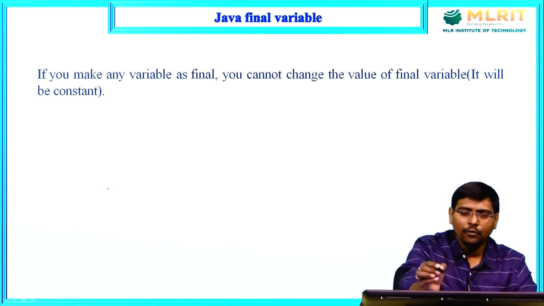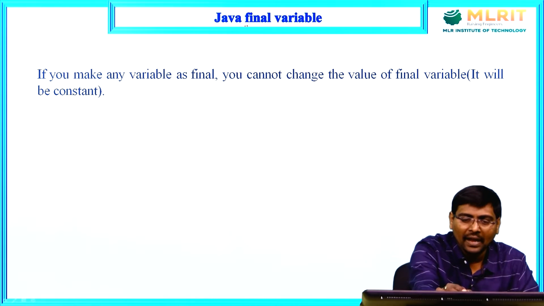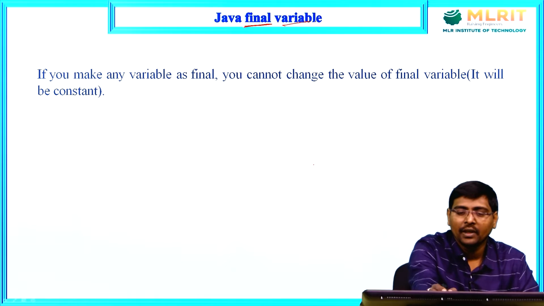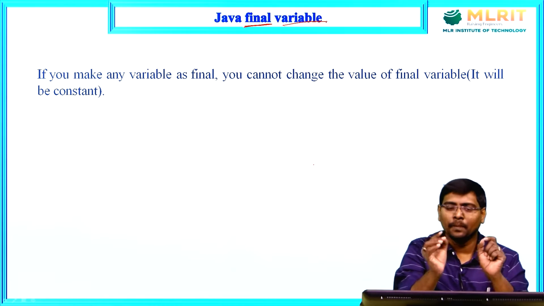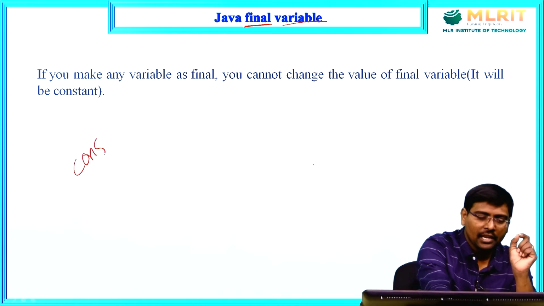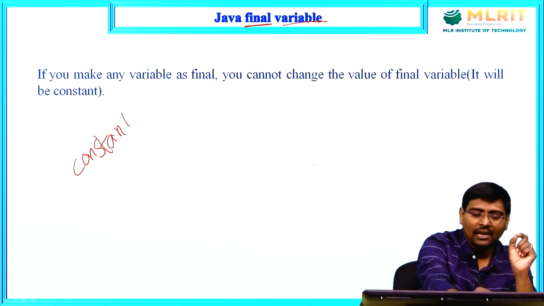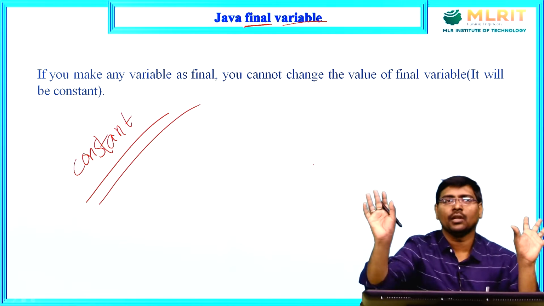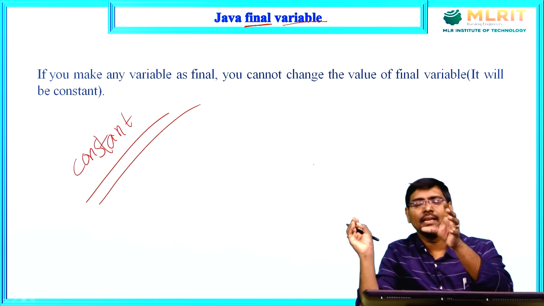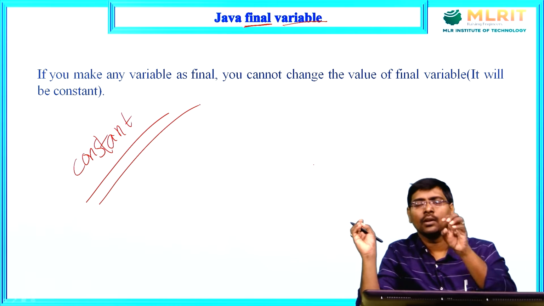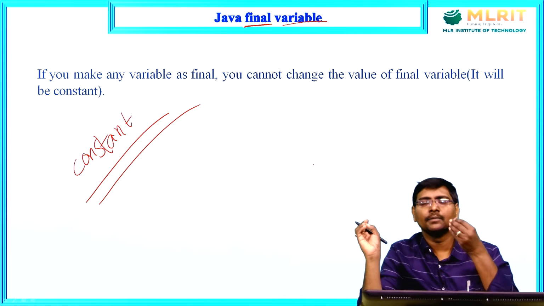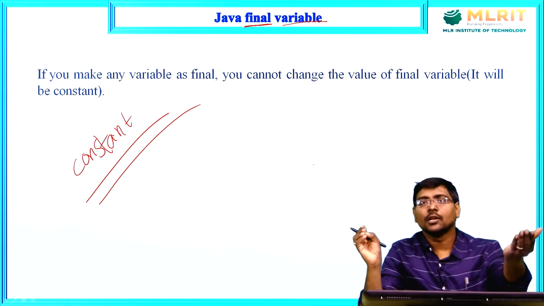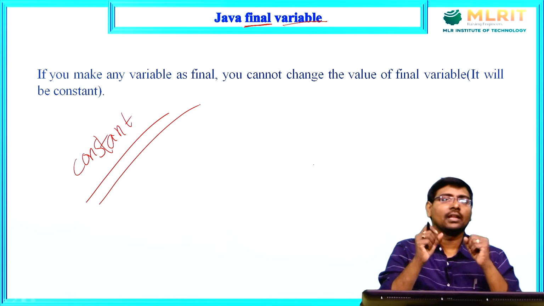Now, we will see all three step by step. First, if you apply the final keyword to a variable, the variable becomes a constant. In C language, how do we declare a constant?